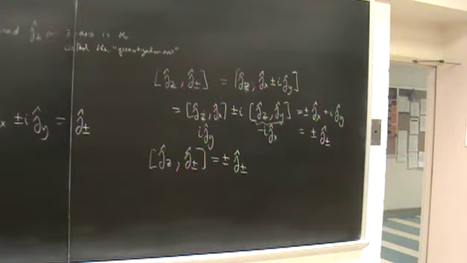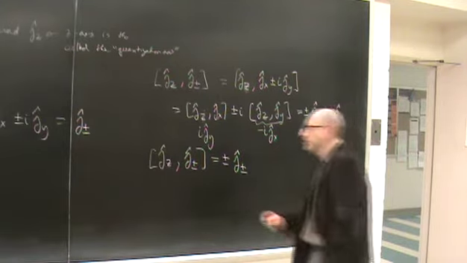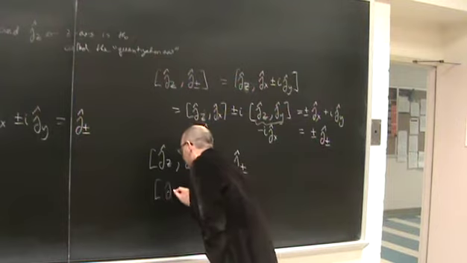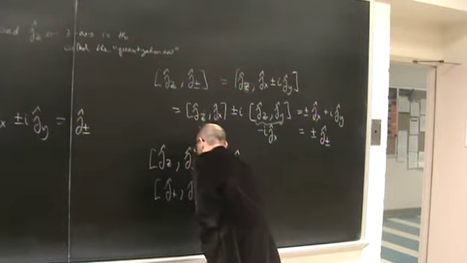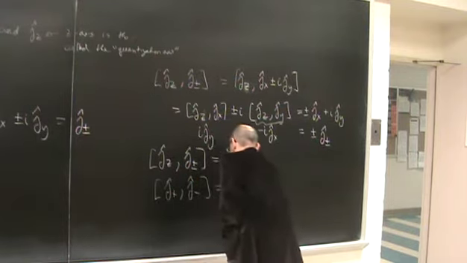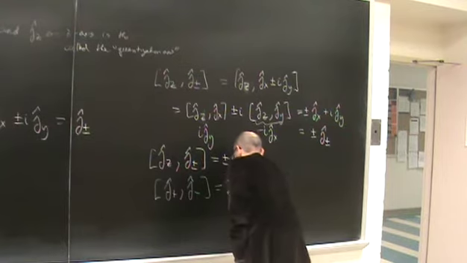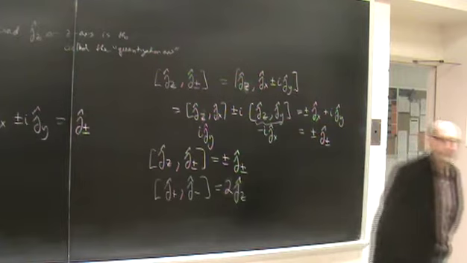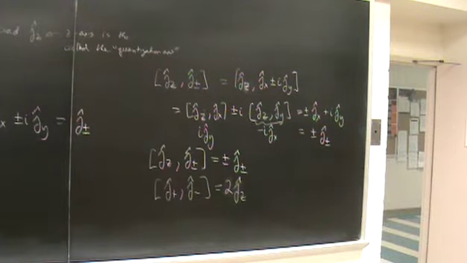Okay? And it's a quick little exercise for you to show that the commutator of j plus with j minus is 2jz. All right?